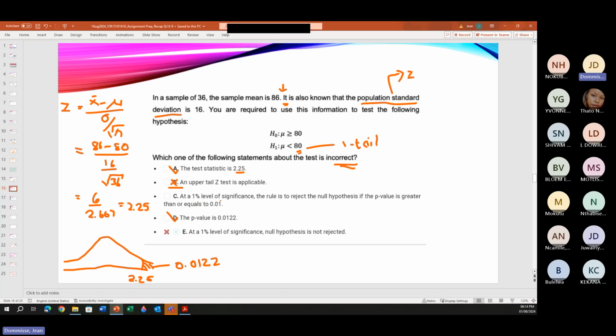So let's just see. At a 1% level of significance, the rule is to reject the null hypothesis if the p-value is greater than or equal to 0,01.